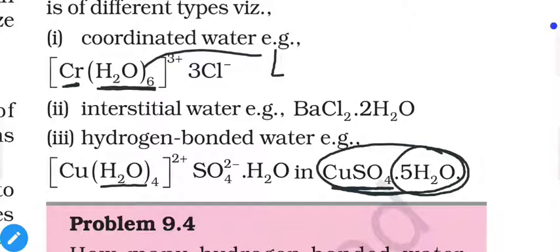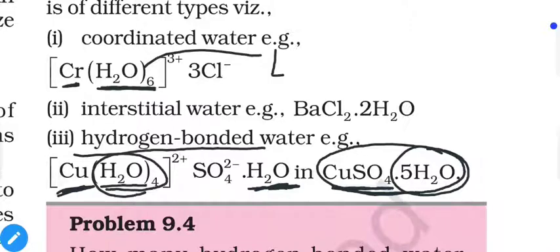So 4 out of 5 water molecules will behave as ligands, and one of the H2O is attracted towards the copper compound just because of hydrogen bonding. It does not have any kind of permanent bonding with this compound. That's why it is called hydrogen bonded water.